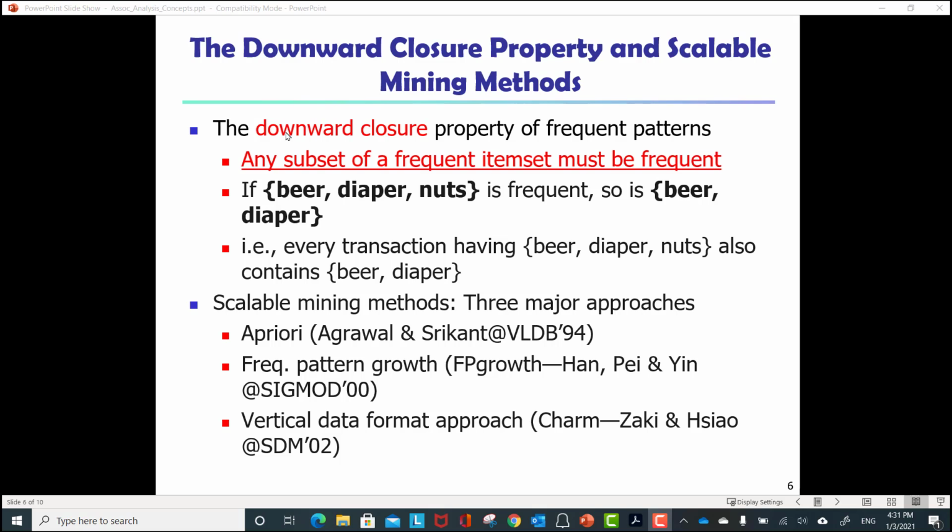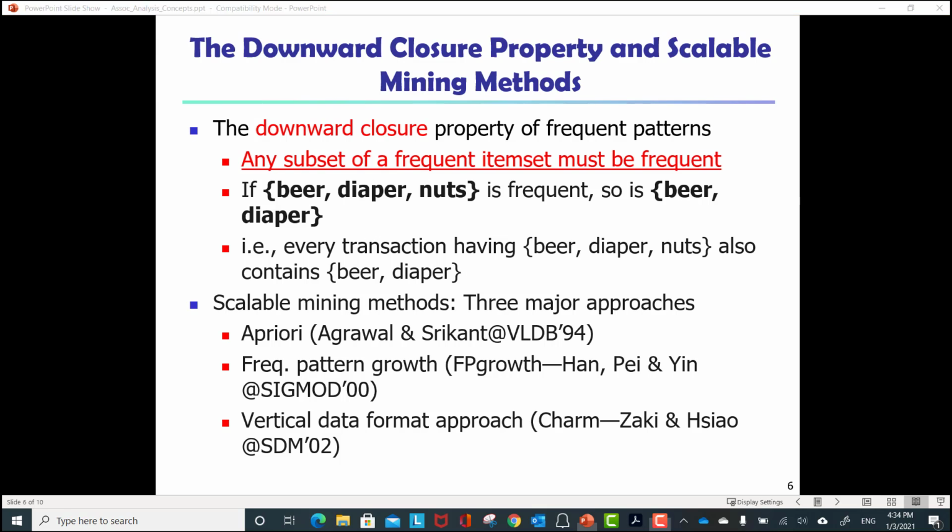That property is called the downward closure property of frequent patterns. Another way of saying the same thing, which may be easier to understand: every transaction having beer, diaper, and nuts also contains beer and diaper. It seems obvious, but the whole concept of the Apriori algorithm is based on this property.